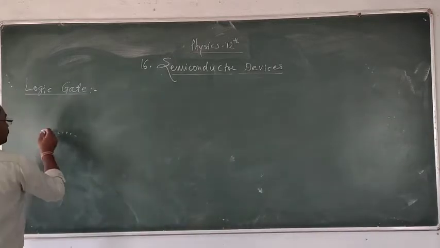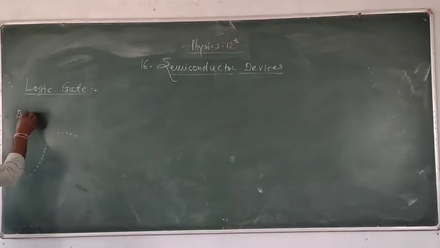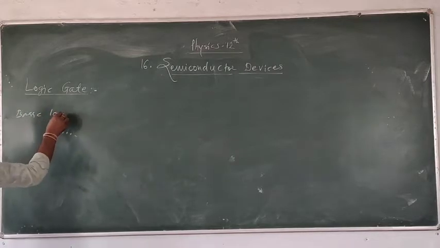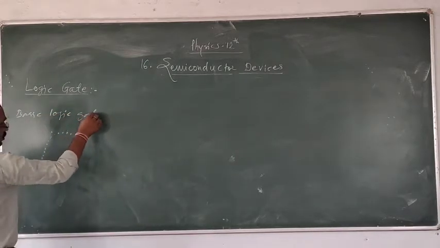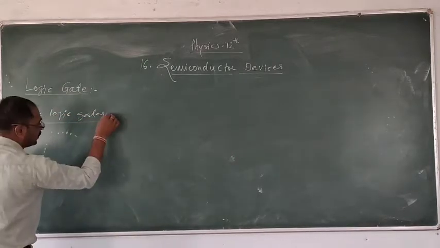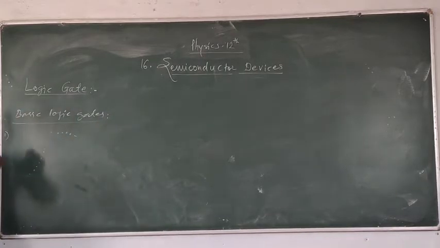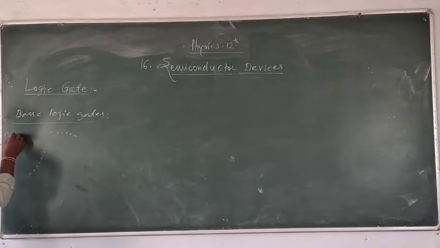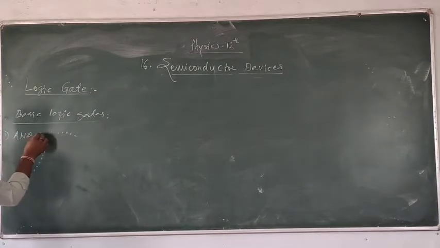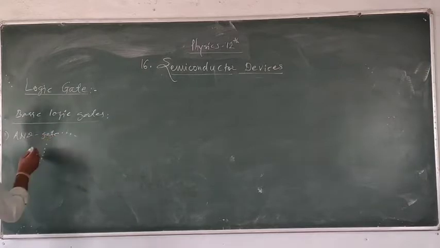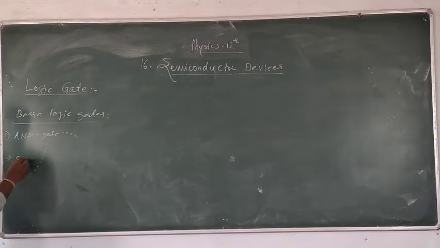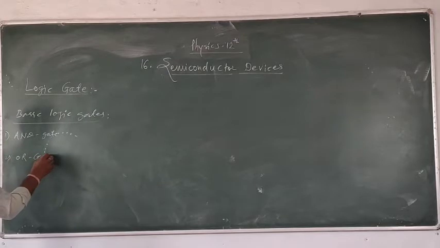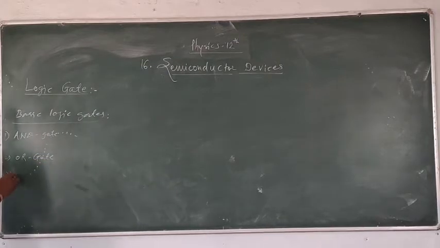So here are some types of the common or basic logic gates. Here are the types of basic logic gates. Number first is the AND gate. Second one is the OR gate. Number third is the NOT gate.